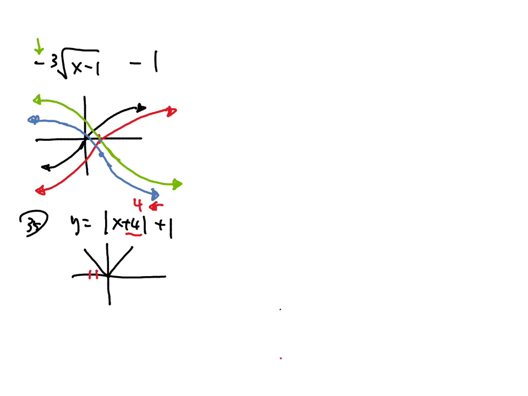So 1, 2, 3, 4 roughly. Plus 1 means 1 up, because it's outside the function. So I gotta take the red and raise it 1 up. Again, drawing not to scale. Okay, so we should have one that looks something like that.